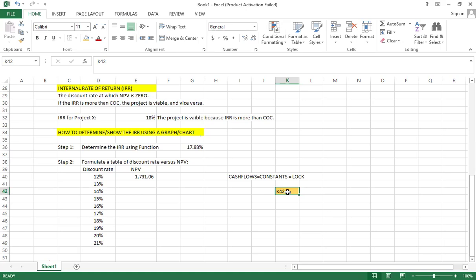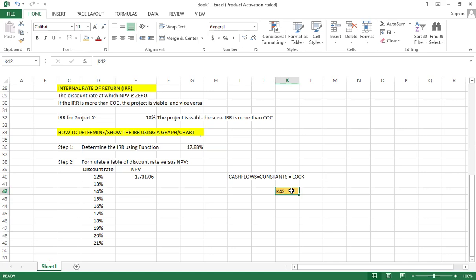Now, to lock a cell, when it is a constant in a formula that you want to drag, like now to lock this, you will put the $ sign before and after the letter. Please listen to that again. To lock a cell, like now this one, you put the $ sign before and after the letter.